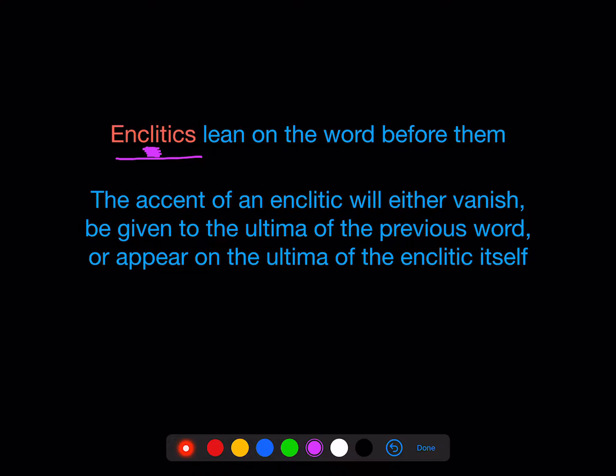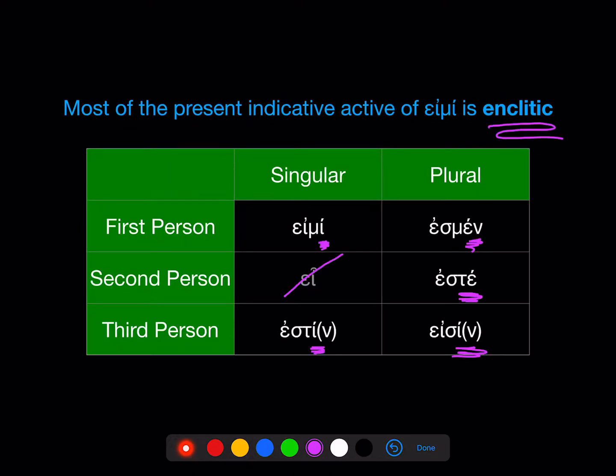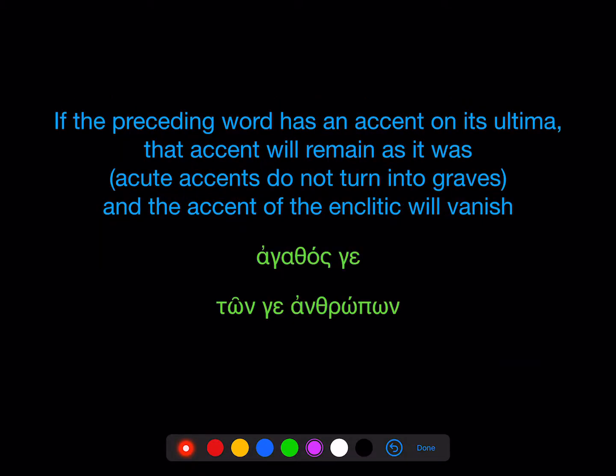And the accent of an enclitic will either vanish, be given to the ultima of the previous word, or appear on the ultima of the enclitic itself. So when we learn the forms of eimi, the enclitic forms come in a chart with an acute on the ultima, but that's not actually where the accent's always going to be.